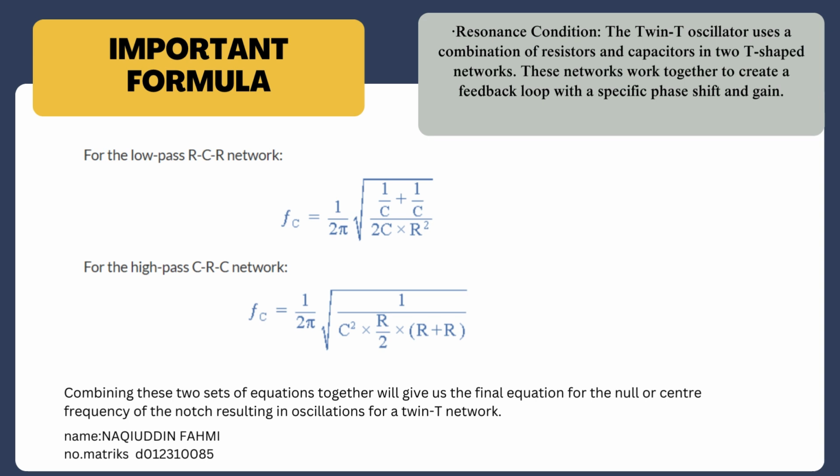This oscillator uses a combination of resistors and capacitors in two T-shaped networks. These networks work together to create a feedback loop with a specific phase shift and gain, which is essential for oscillation. The key to designing a twin-T oscillator is understanding the frequency at which it oscillates, also known as the center or null frequency. This frequency can be determined using the formulas for the low pass RCRC network and high pass CRC network.